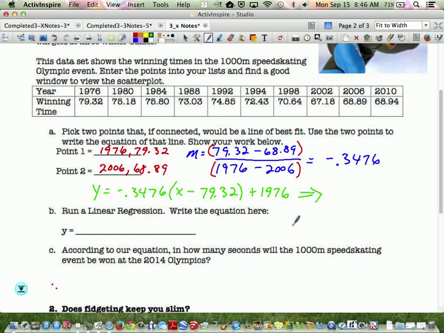Can somebody please take that number times that for me? What is negative 0.3476 times negative 79.32? Got that number? Add 1976.